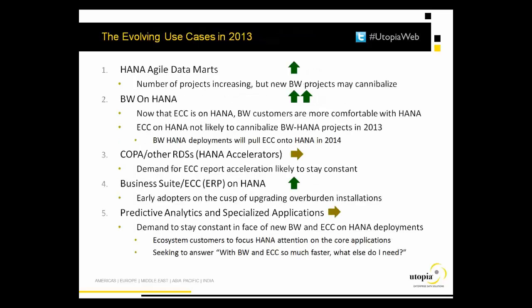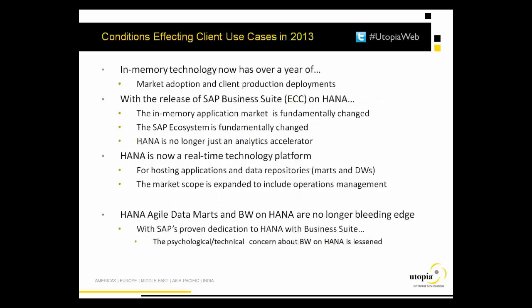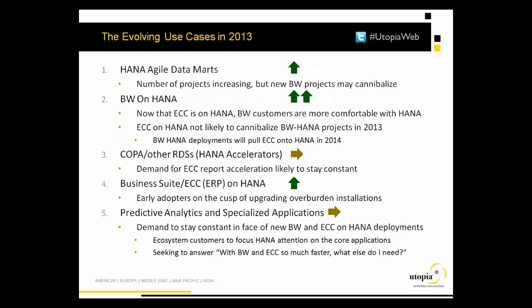So the way we see this working is through those factors, these conditions. We see them probably benefiting HANA Agile Data Marts. We see the number of HANA Agile Data Mart projects increasing.